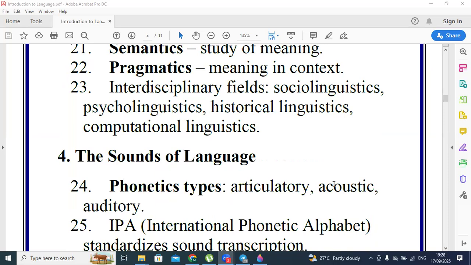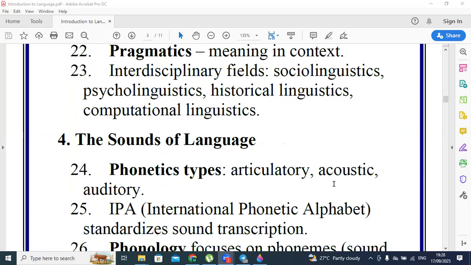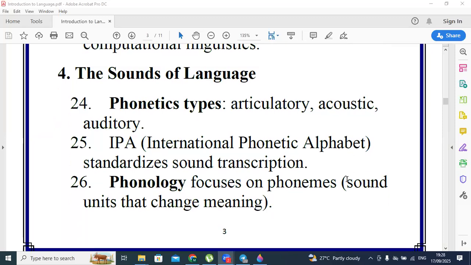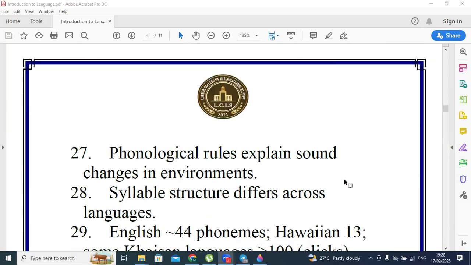The sounds of language. Phonetics types: articulatory, acoustic, auditory. IPA, International Phonetic Alphabet. It standardizes sound transcription. Phonology focuses on phonemes, sound units that change meaning.